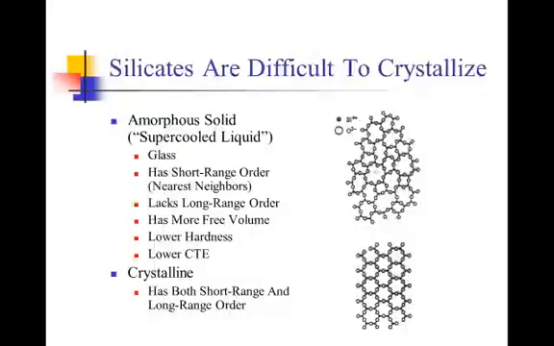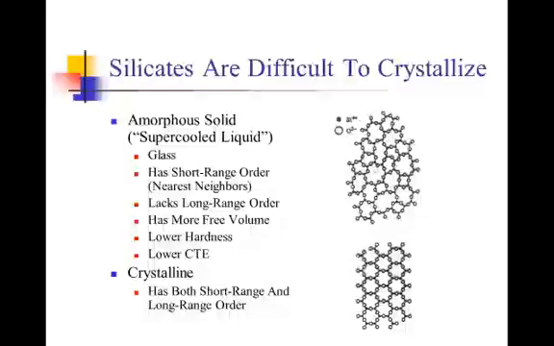Another important aspect is that silicate ceramics are difficult to crystallize upon cooling. They tend to form glasses or amorphous solids instead of crystalline solids, and this will affect their properties.